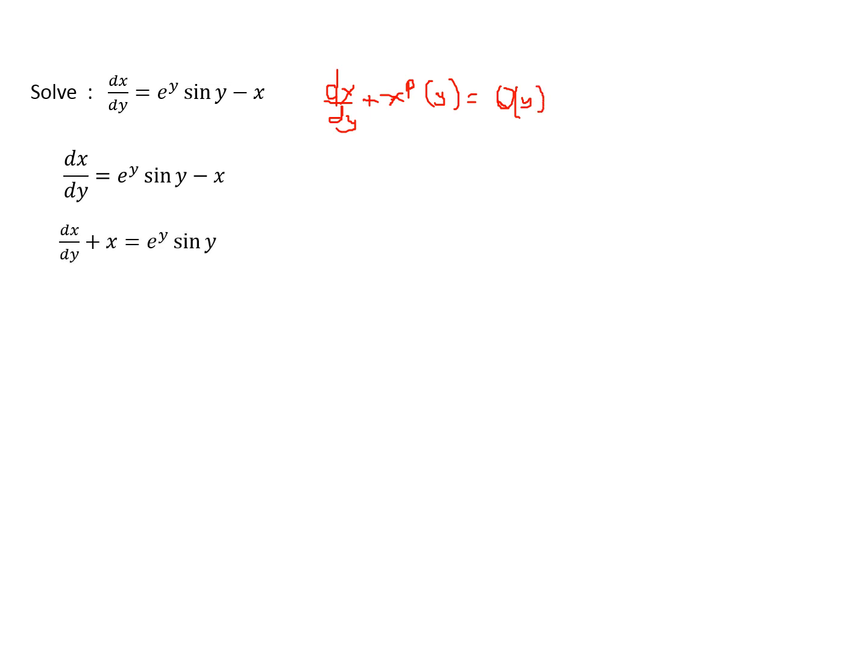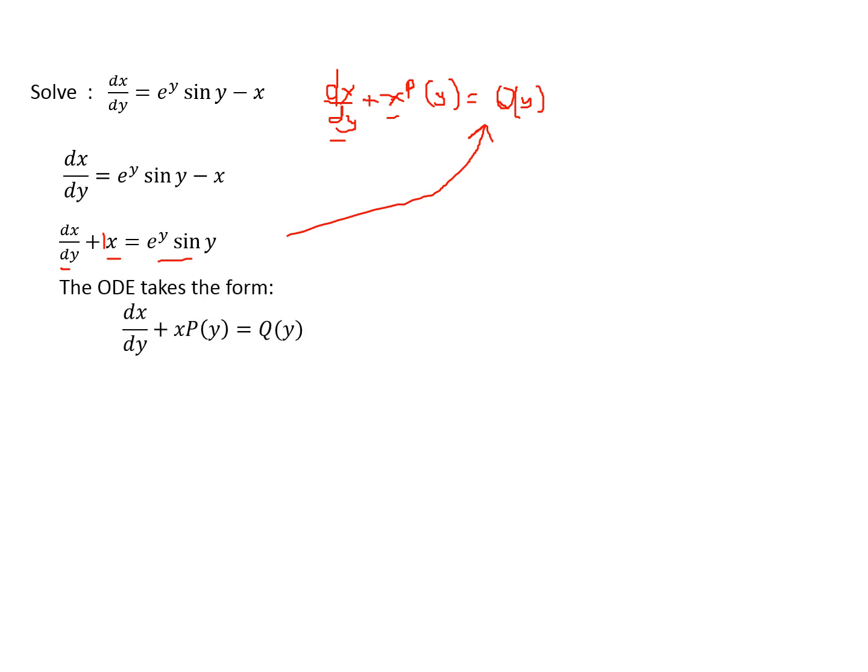You have a dx/dy there, you have an x there, and therefore your P(y) is 1, and then you have your Q(y) there. So this therefore is a linear differential equation.